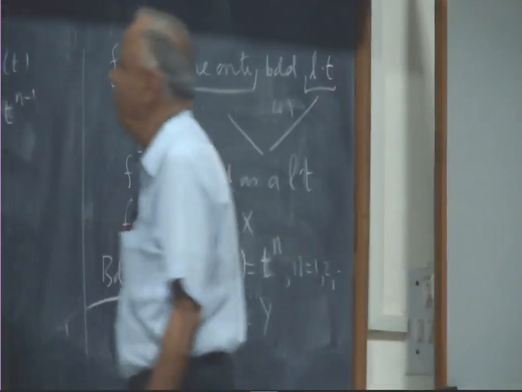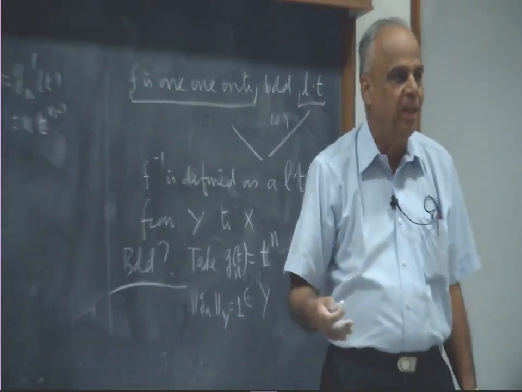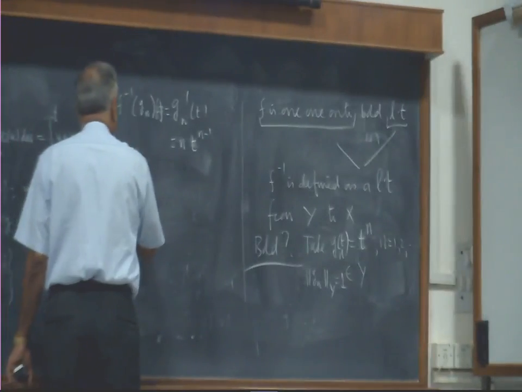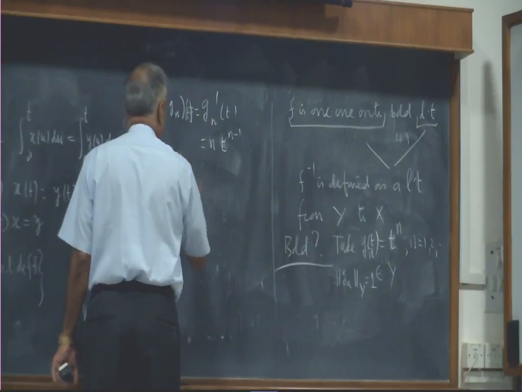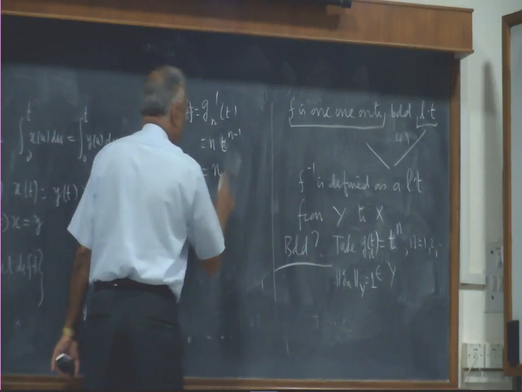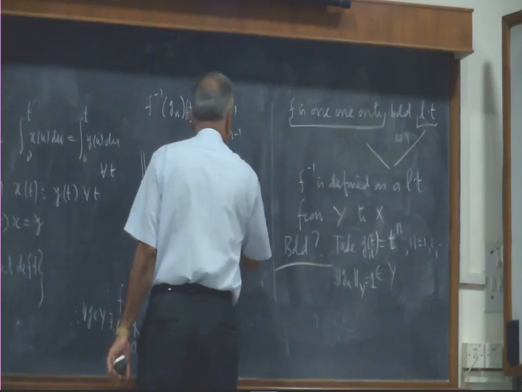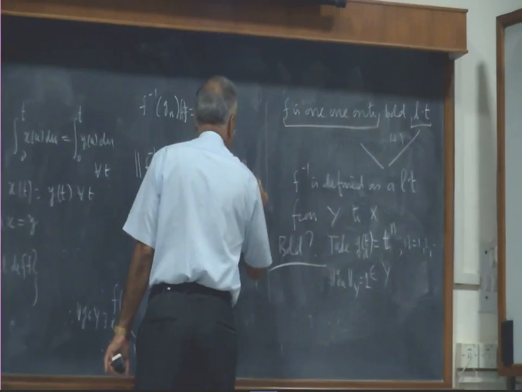So F inverse of g_n at t is g_n prime of t, which is n t to the power of n minus 1. Therefore, the maximum, which is this, is equal to n, which is n times the norm of g_n.